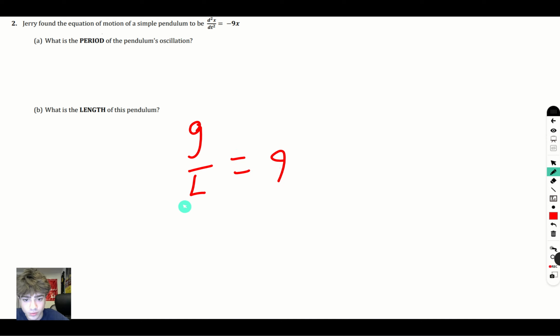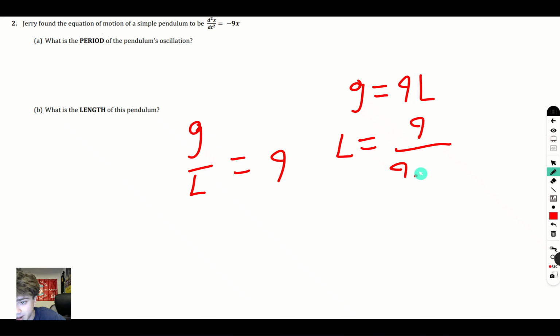And then we'll multiply this side by L to get g is equal to 9L. And that will leave us with an L value of g divided by 9, where g is somewhere around 9.81. And our unit for this answer is going to be meters, because the length is going to be measured in meters. And this will give you somewhere around 1.09. I'm not exactly sure. You'll have to plug it into a calculator.